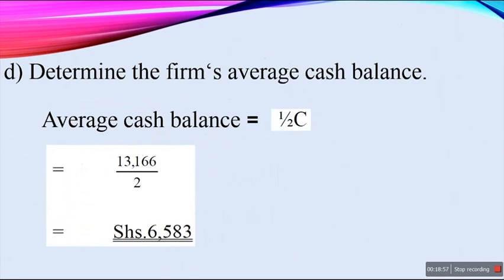Part D of the question requires to determine the firm's average cash balance. Average in the normal way means the total value of items divided by the number of items. So the average cash balance here is given by a half C. That is, you divide the optimal cash balance by 2. That will give us 6,583.